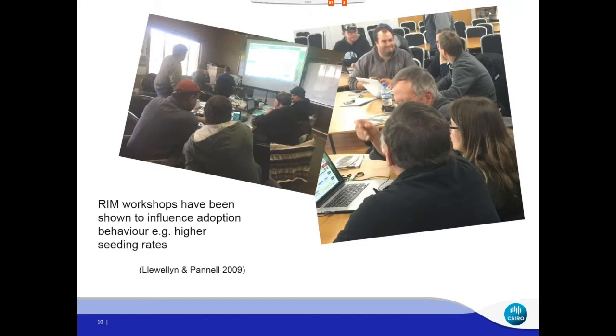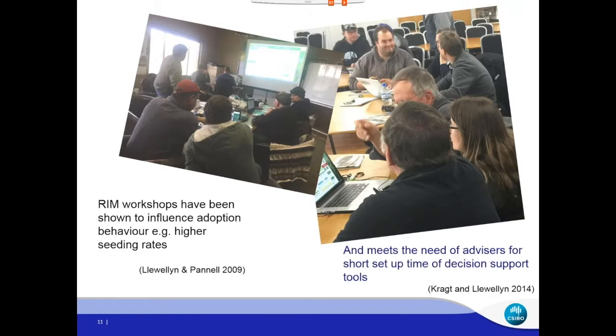The challenge, of course, is there's only so many people you can deal with in this workshop situation. And one of the things that makes it attractive to consultants, and several consultants like Michael Moody, who's in one of the photos there on the left, is that it is easy to set up. And we know from some of our work that you're not going to get very far with a decision support tool or a workshop tool if it takes more than 3 hours to set up. RIM takes about 30 minutes in these workshop situations to really get it up and adapt it to a local farmer audience.